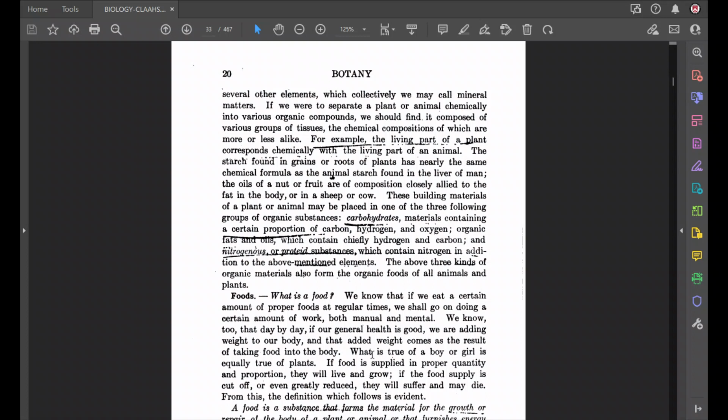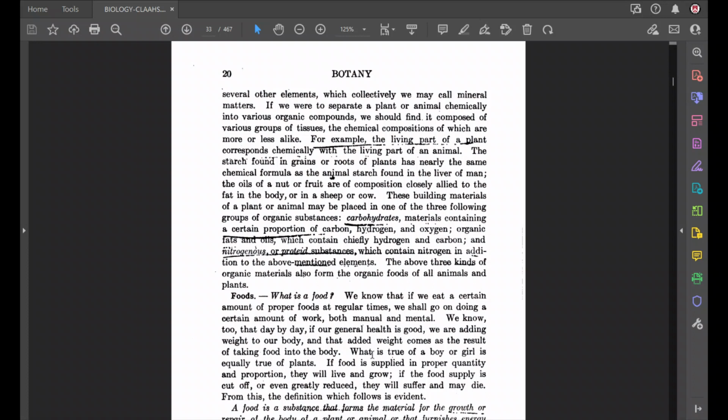We eat plants and animals. So the stuff that our bodies are made of is taken from other bodies of living things. And we call that food, right? We consume other living bodies, and our bodies break those bodies down into those compounds that our body then uses to build itself up.